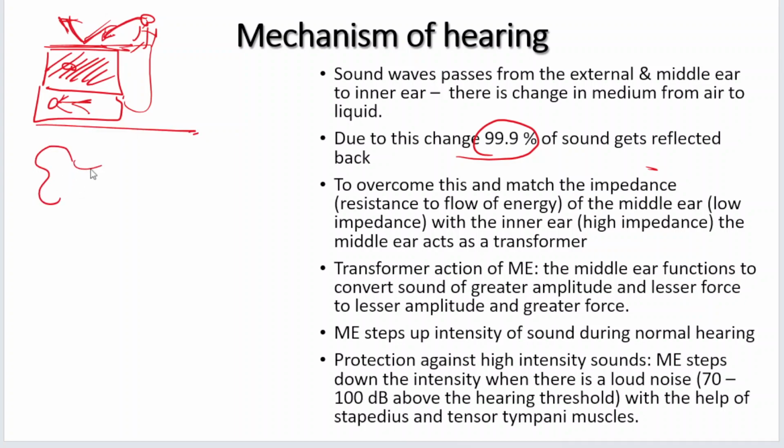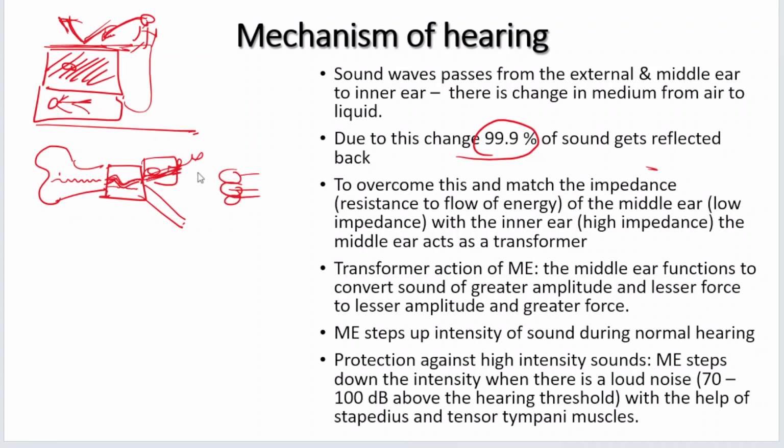So you have the pinna, you have the external auditory canal. This is the middle ear. This is the inner ear, the cochlea and the nerve. Here the sound is traveling in air. Here the sound is also in air, but it is conducted through the ossicles, but this is also considered like passing through the air. But here what do we have? We have the perilymph and endolymph.